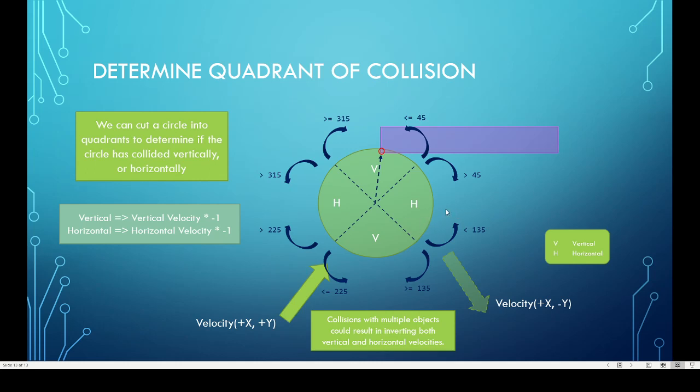Then it's in this range. So if we only check this range and this range, if it's one of those two, we have a vertical, otherwise we have a horizontal. So we can simplify the checks that we need, but we have to check these values somewhat separately.